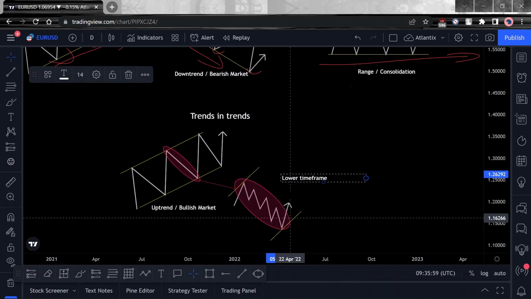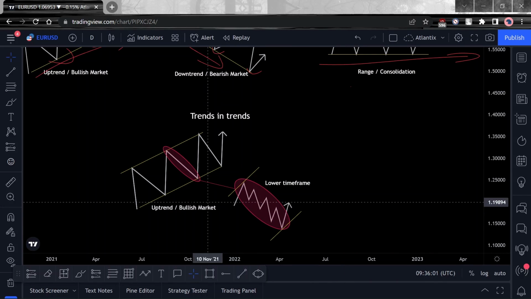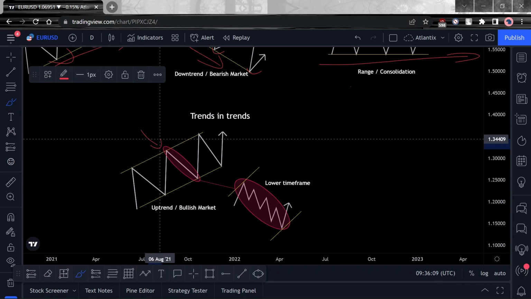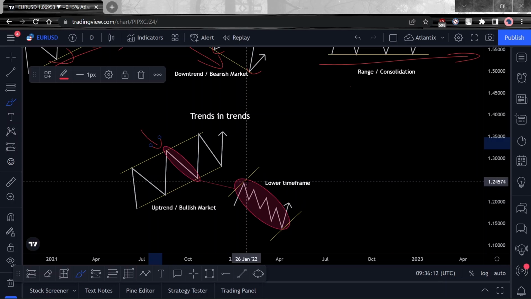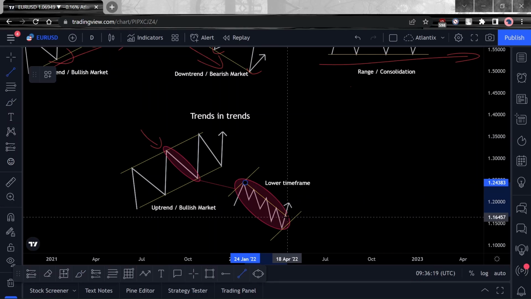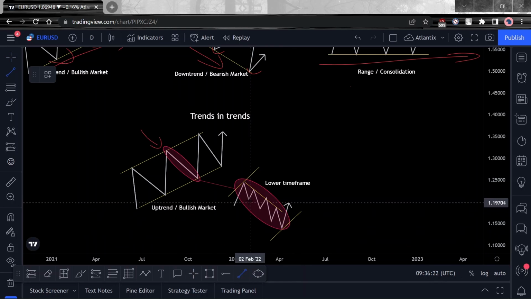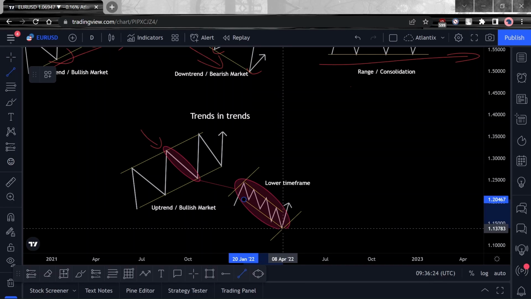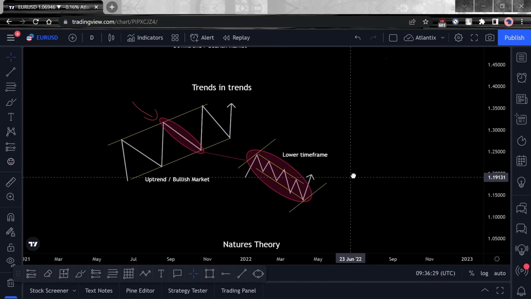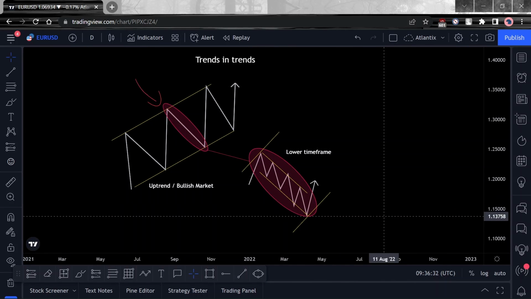If this is the lower time frame of this entire bullish market, this part in which price is going down is going to be its own trend, which means you might be able to come in and draw a trend line on that part to see that the market is going down and respecting what you would call a bearish structure.